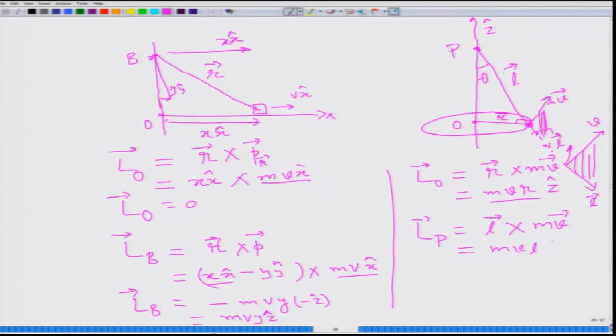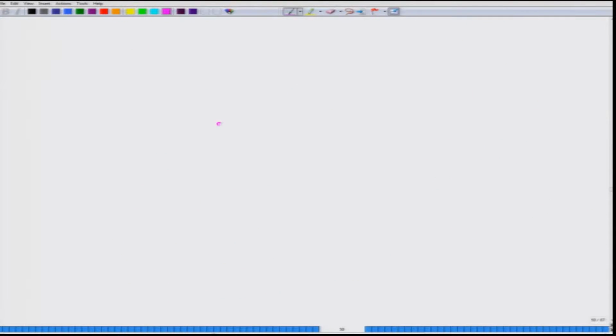Let me call this direction P. Now, as this bob moves on this circular orbit, the angular momentum with respect to this pivot point moves with it, always perpendicular to the plane. So this is V, this is L, and this is your L_P.